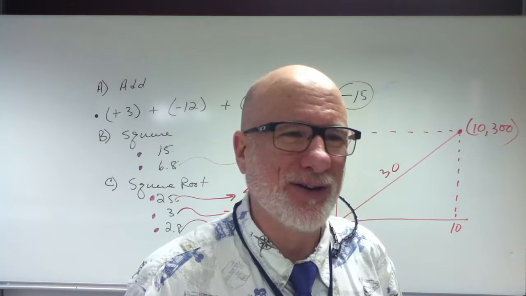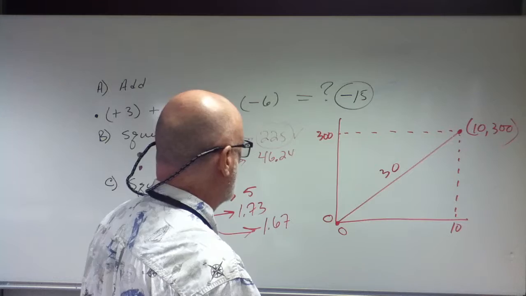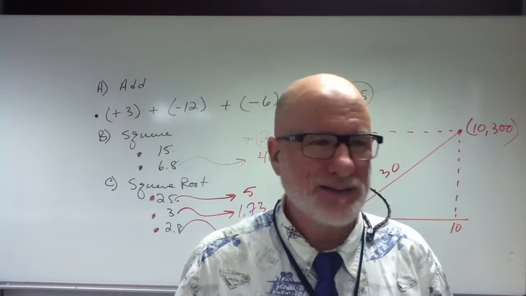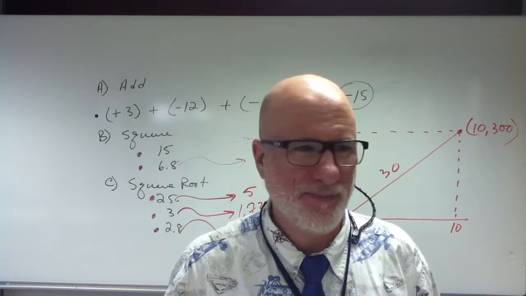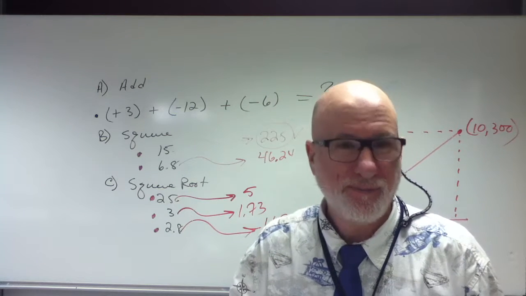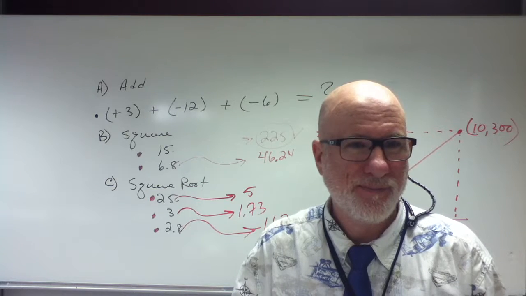Laura, what's the area under the curve? 1,500. Excellent. Well, how did she get that? She multiplied the height by the base.